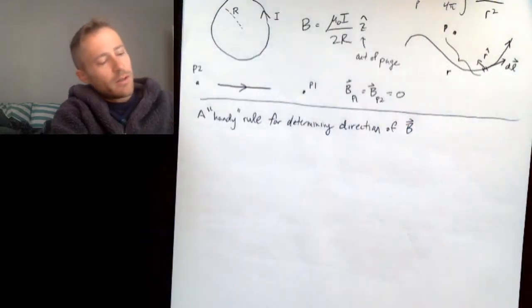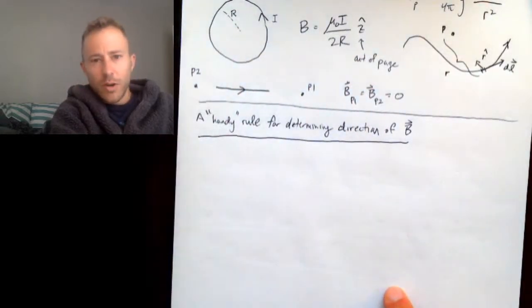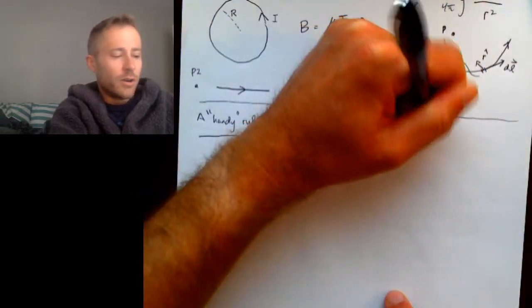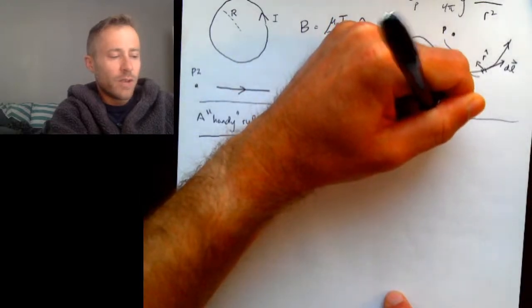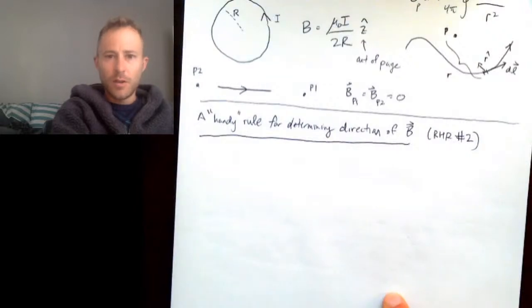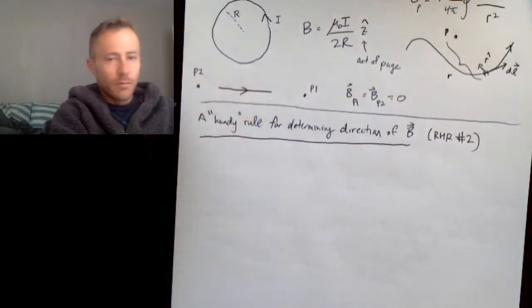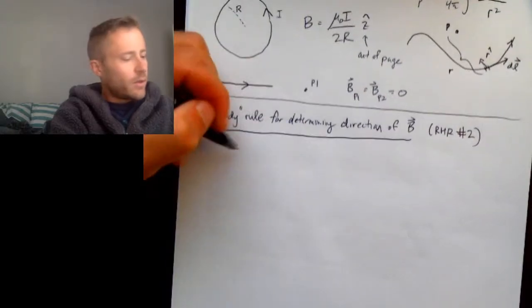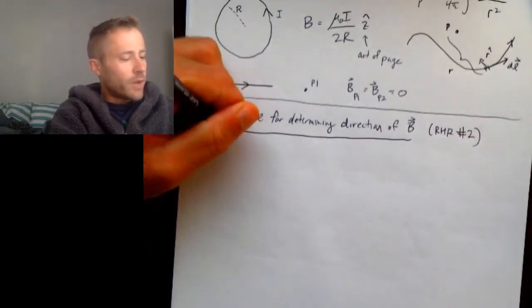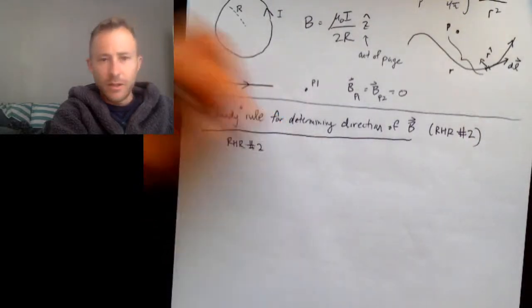The reason I put handy in quotation marks is because we are going to use what I like to call right-hand rule number 2. So right-hand rule number 2 is this.